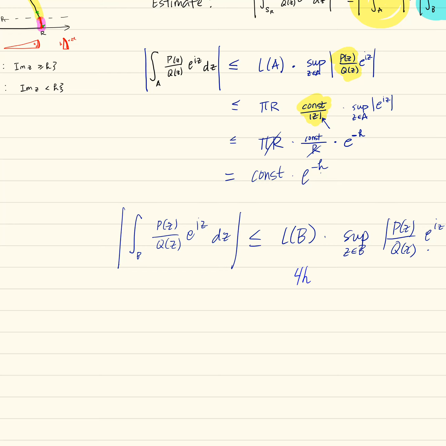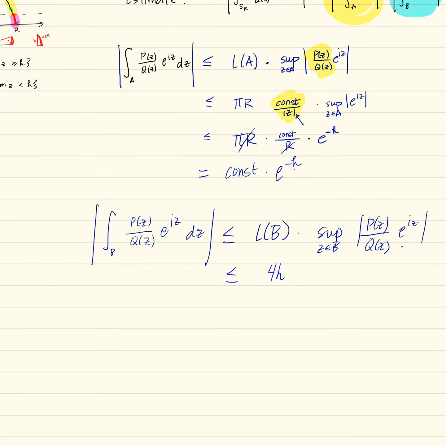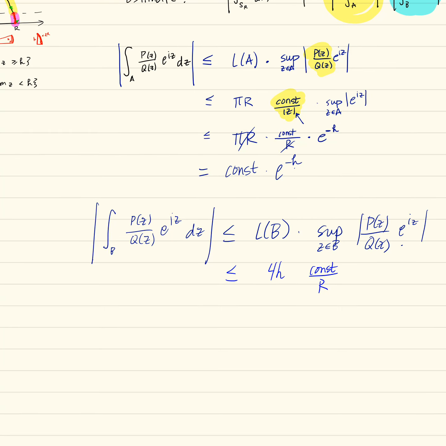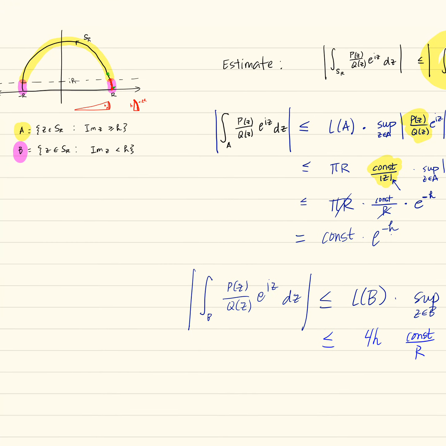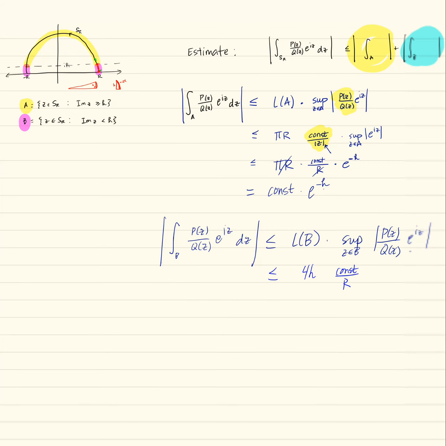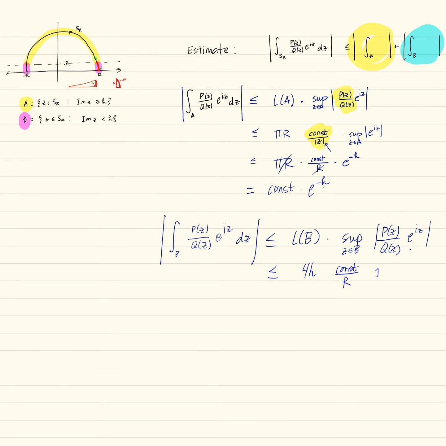So we'll have 4h. And for this supremum, we will have again a constant over r for the supremum of the modulus of p over q. And for this e to the iz, we'll do exactly the same reasoning that we had before. The best we can do is estimate it as 1, right?